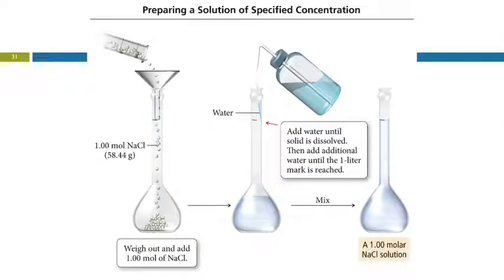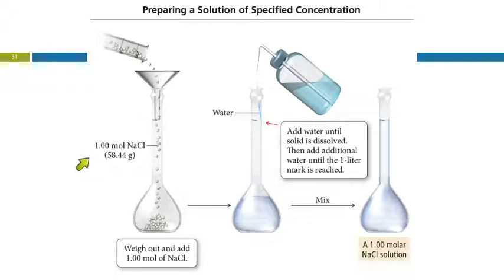Here's an illustration of making a solution with a particular concentration. This would be a 1 molar NaCl solution. So 1 molar means 1 mole per liter, 1.00 moles per liter. So the entire volume of this solution is a liter, and so we need to put 1 mole of the sodium chloride into it.